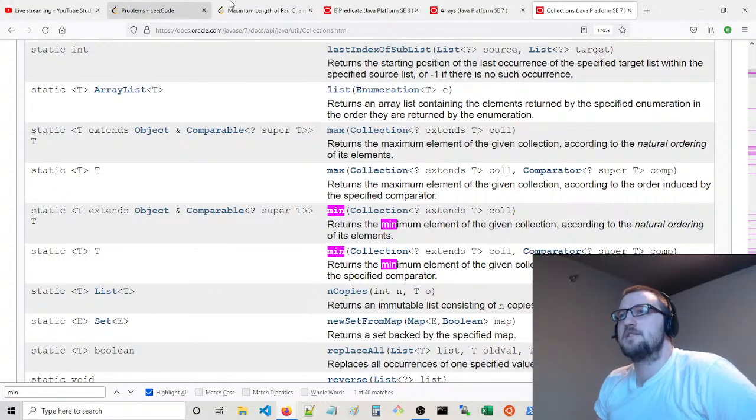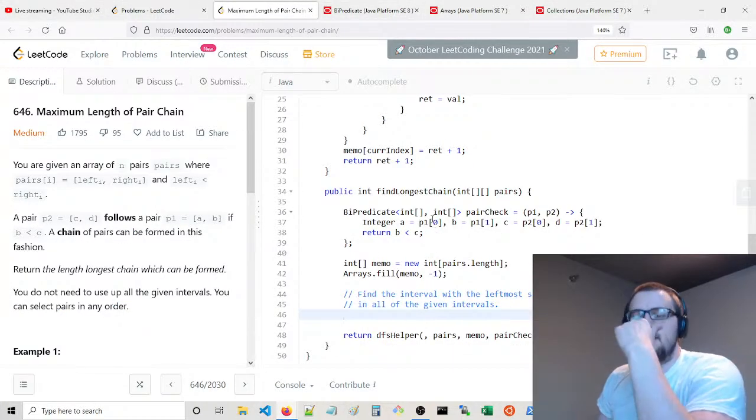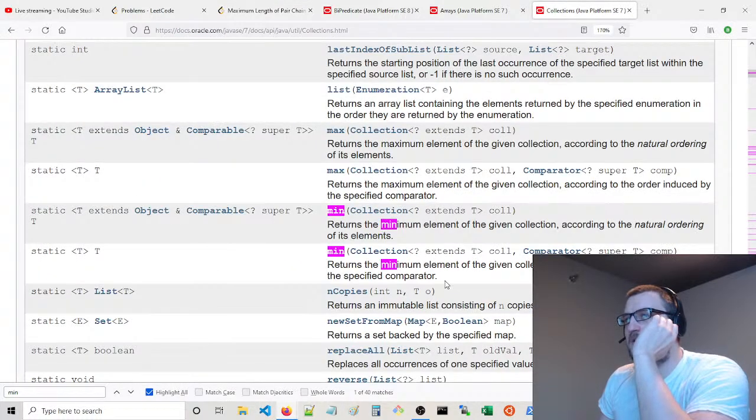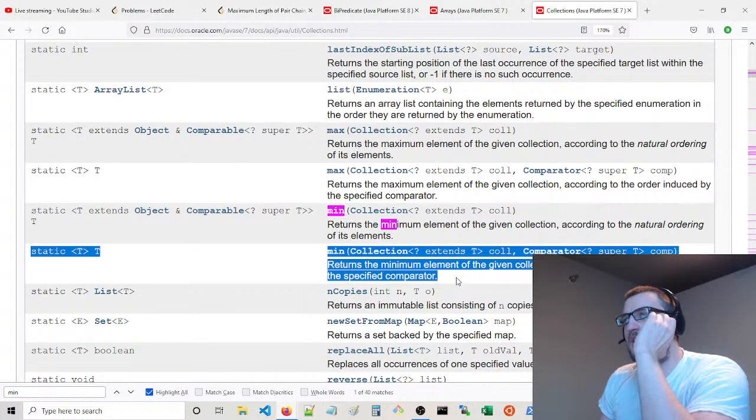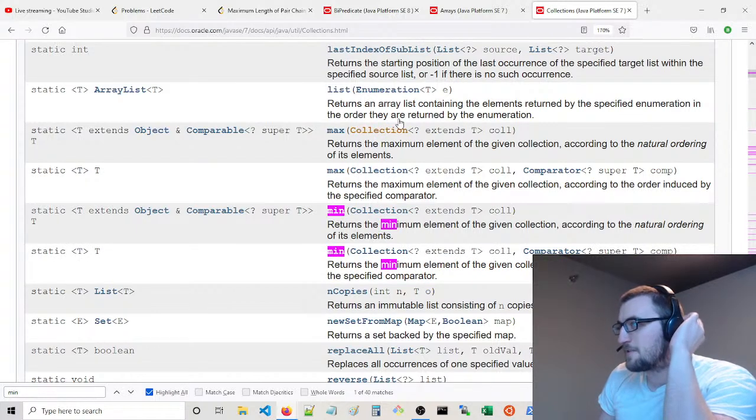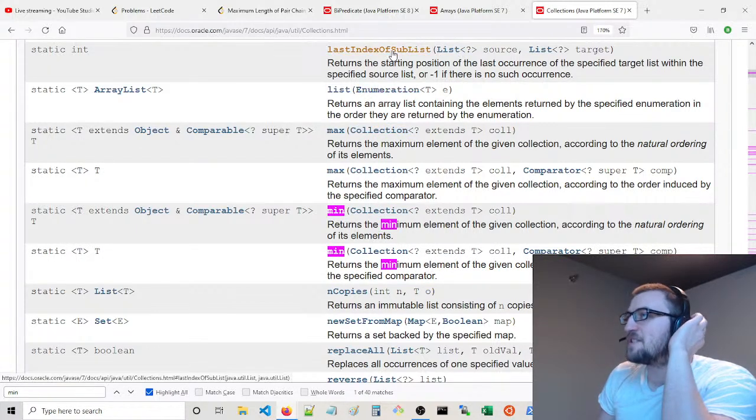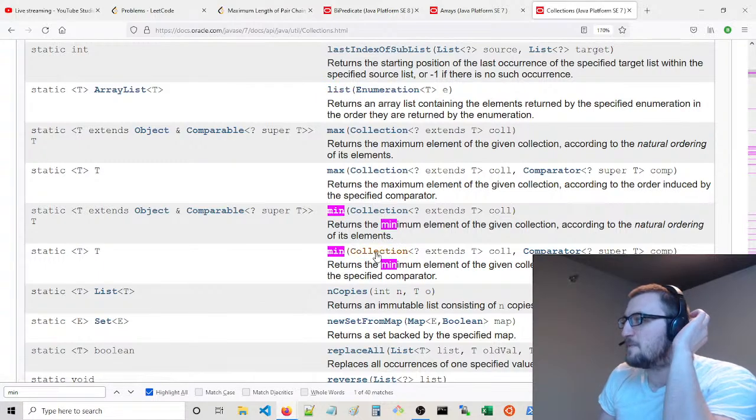Now, what's tricky about this is we don't want the pair itself. Actually, we want the index of that pair. So that's very awkward. We're not going to use that, we're going to write our own routine then. We want the index of the minimum.